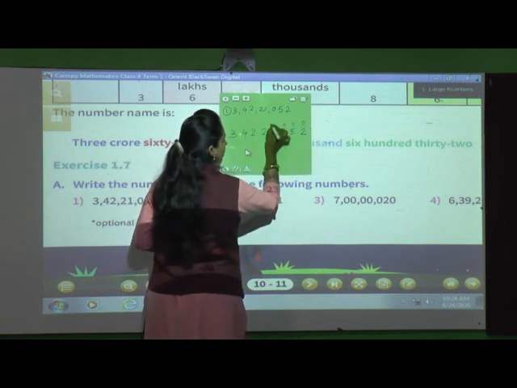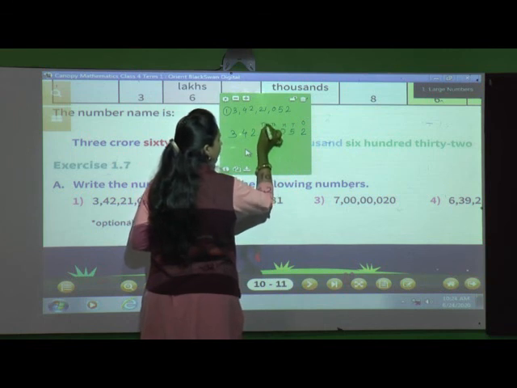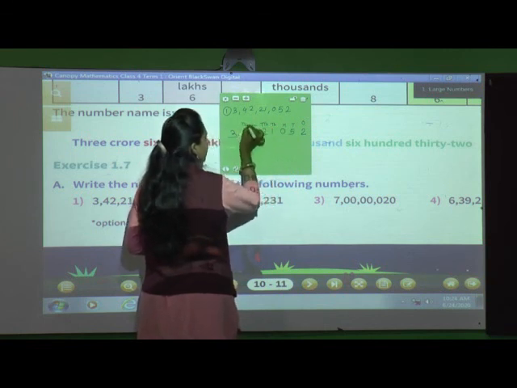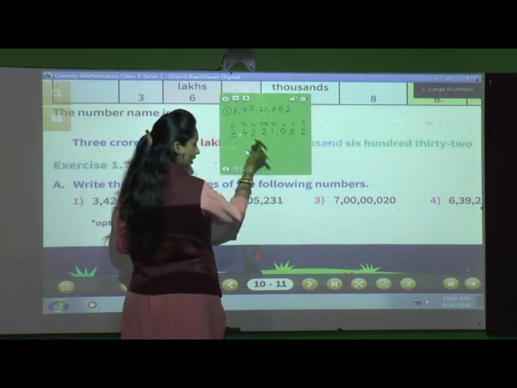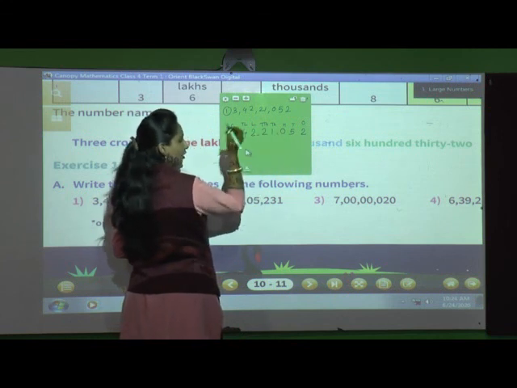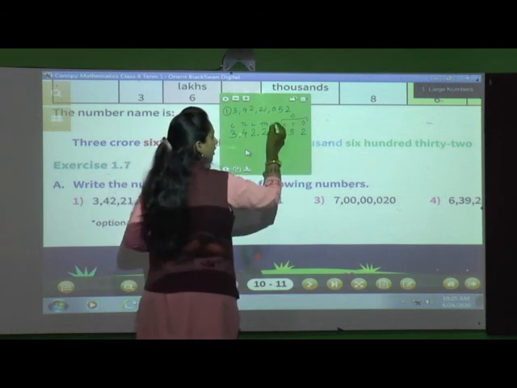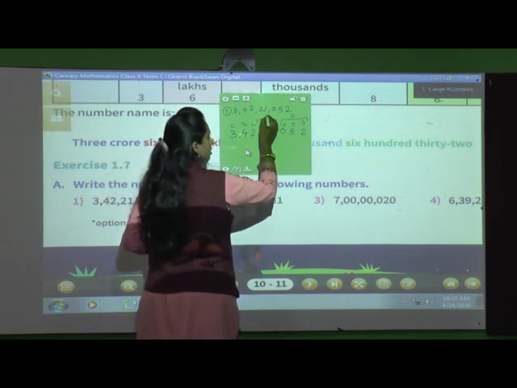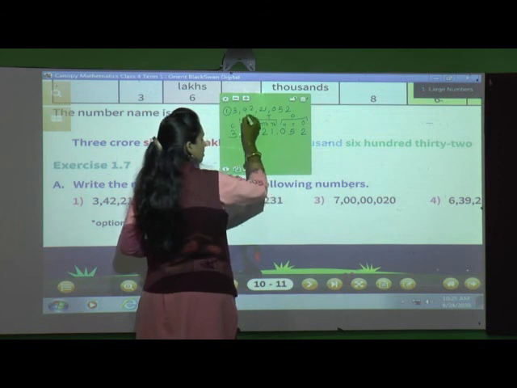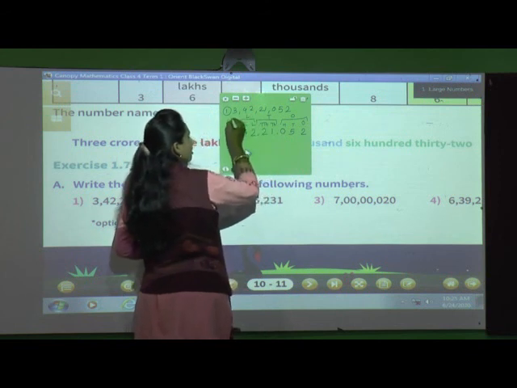Ones, tens, 100, 1000, 10,000, lakh, 10 lakh and crore. After 3 digits comma, after 2 digits comma, after 2 digits. This 3 digits in ones period, this 2 digits in thousand, this 2 digits in lakh, and this is crore.